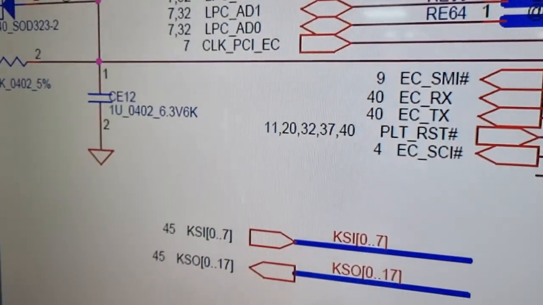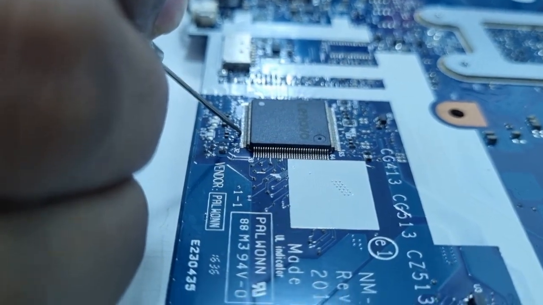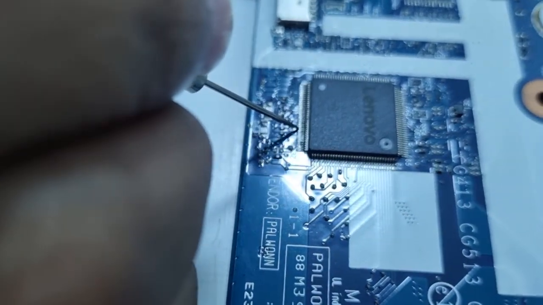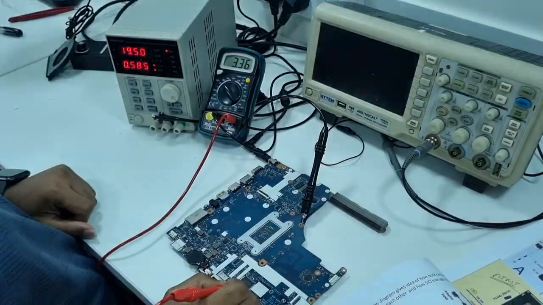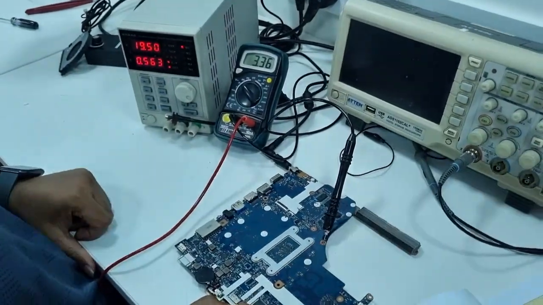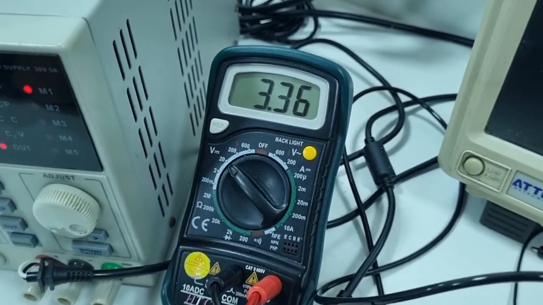Pin number 22, PLT reset, platform reset. So we'll turn on once again. The laptop is in off state, and we connect our multimeter to the PLT reset pin number 22, and now the multimeter is showing us 3 volt PLT reset, platform reset.